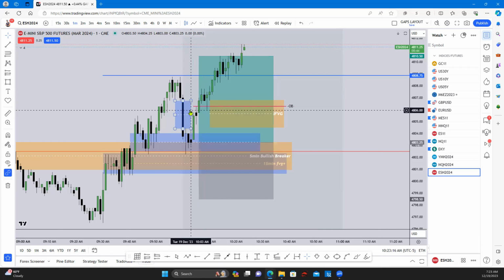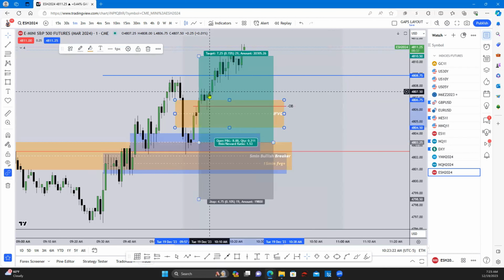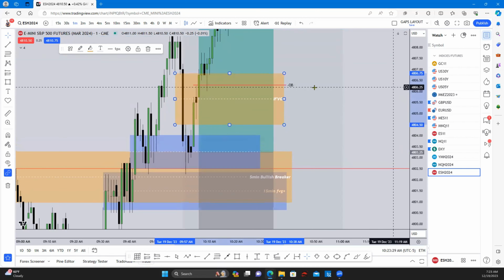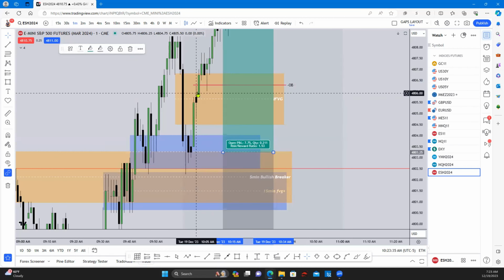So then this one now becomes an inverse fair value gap, right? So with the idea of using this inverse, we also had a small gap in there, right? So we have a small fair value gap in there. Let's skip this over. Small fair value gap in there.